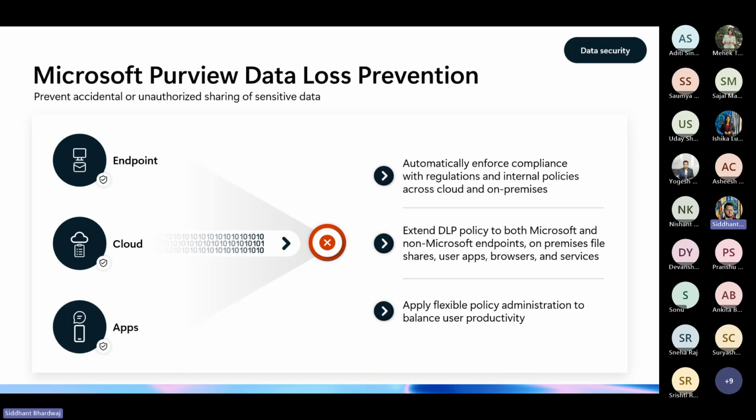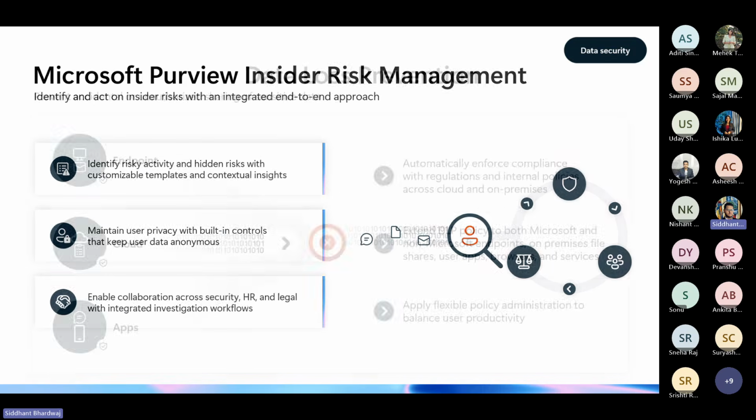You may have an iPad, a MacBook, or a Linux system. It is applicable everywhere: on-premises file shares, user applications, browsers, and even services. And it allows us as administrators to flexibly apply policies to balance data security while maintaining user productivity.